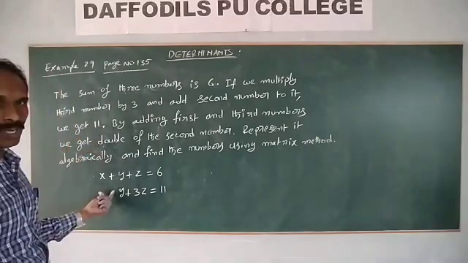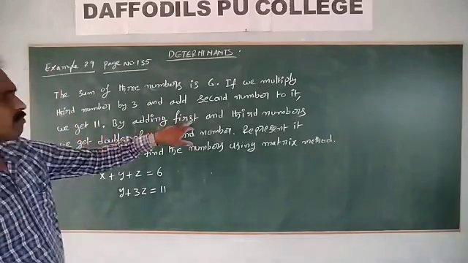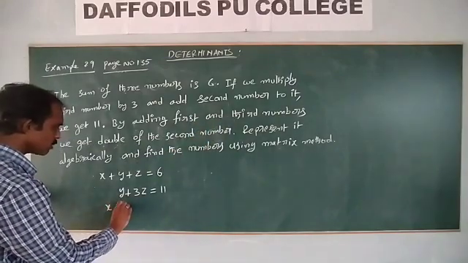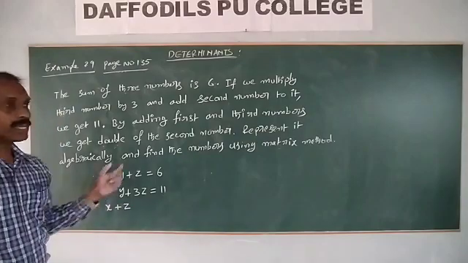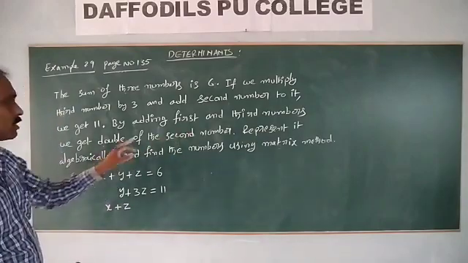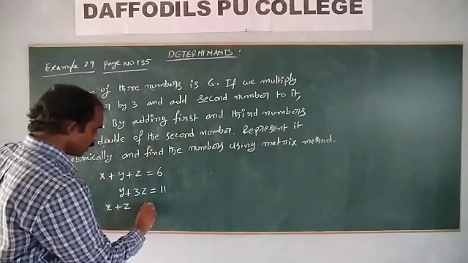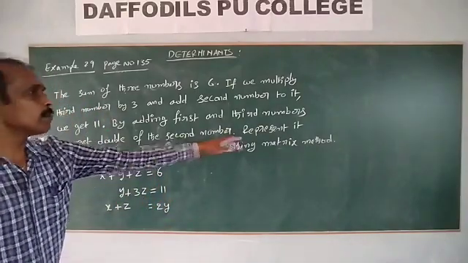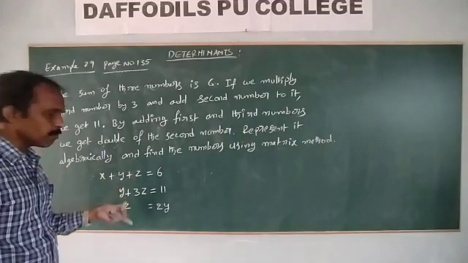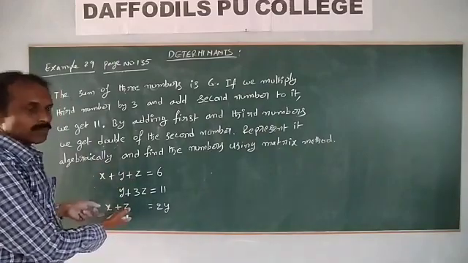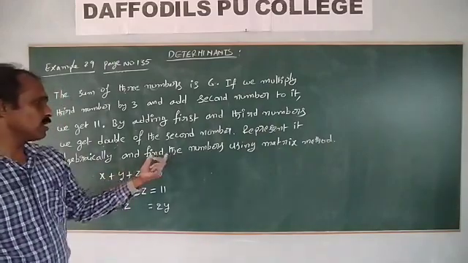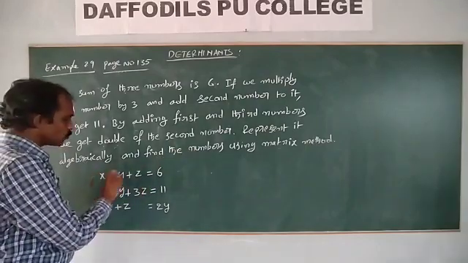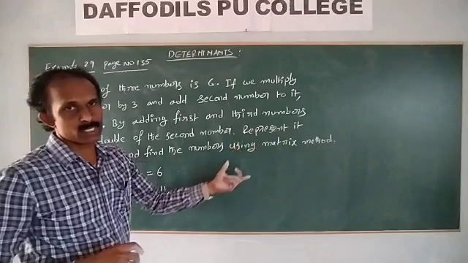There is no x value, so 0. Third, by adding the first and third numbers we get double of the second number. Represented, so these are the algebraic equations, and find the numbers means find the x, y, z values using the matrix method.